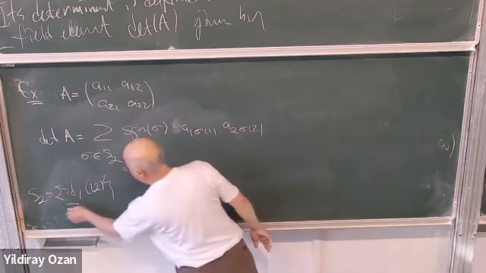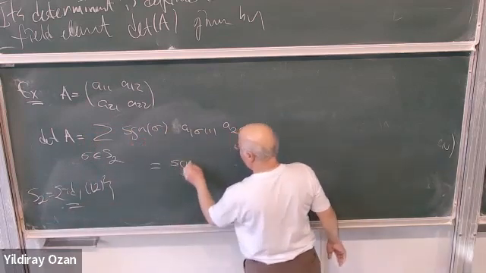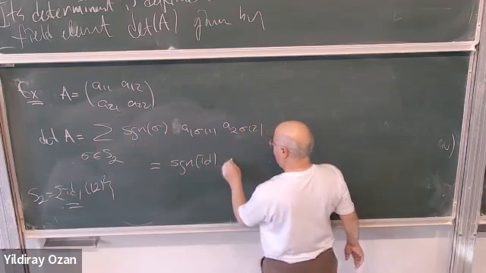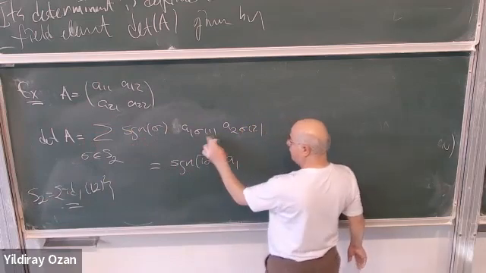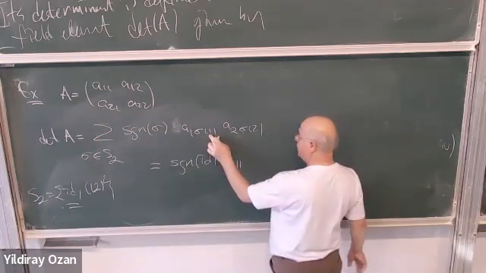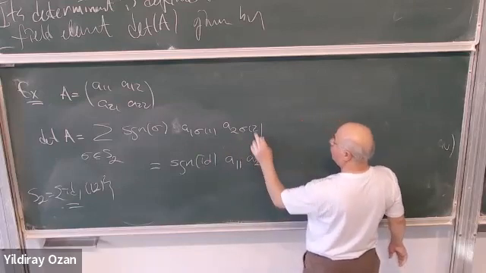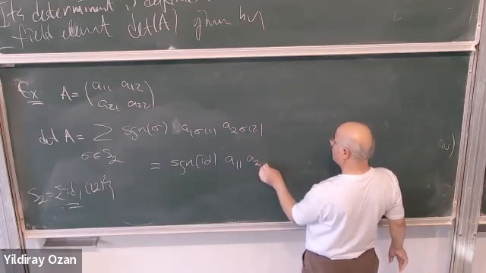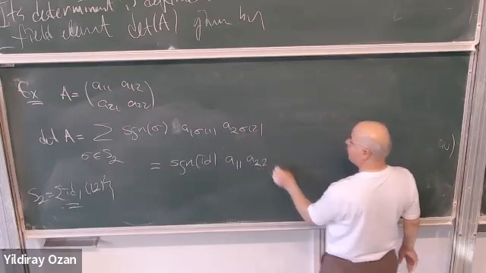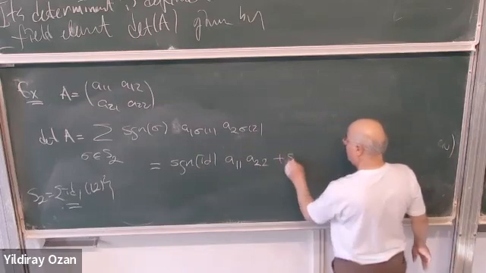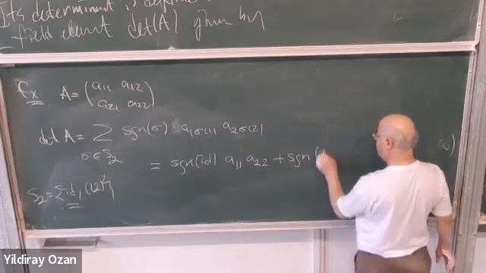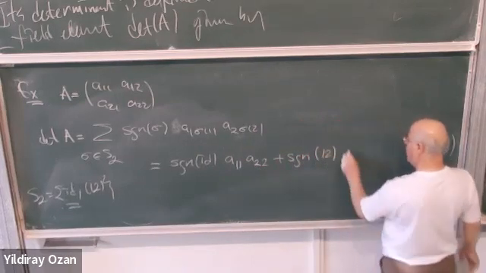If I choose the identity, the sign of the identity is plus, and then A_{1,1} times A_{2,2}, plus the sign of the permutation (1 2).